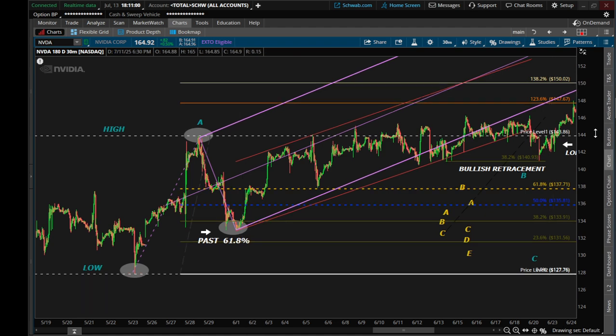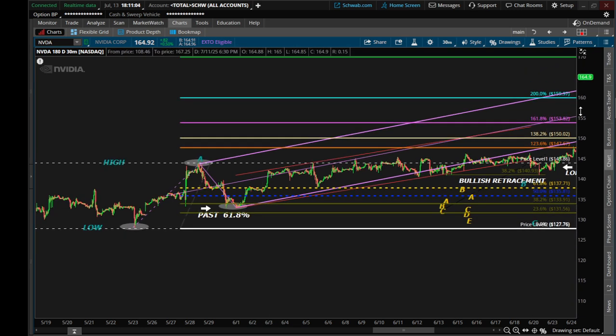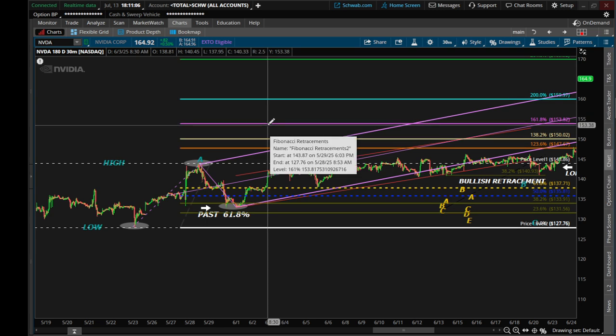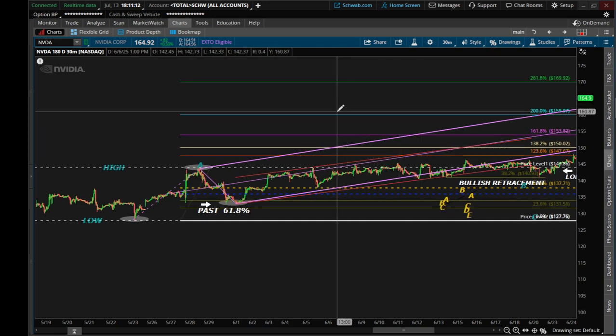If we start hitting the 161.8 or the 200, or let's just say the 161.8, that would be a continuation of trend. The 200, the 261.8, you could start to see your other studies starting to diverge, like your MACD and your RSI, telling you that this trend might be ending.